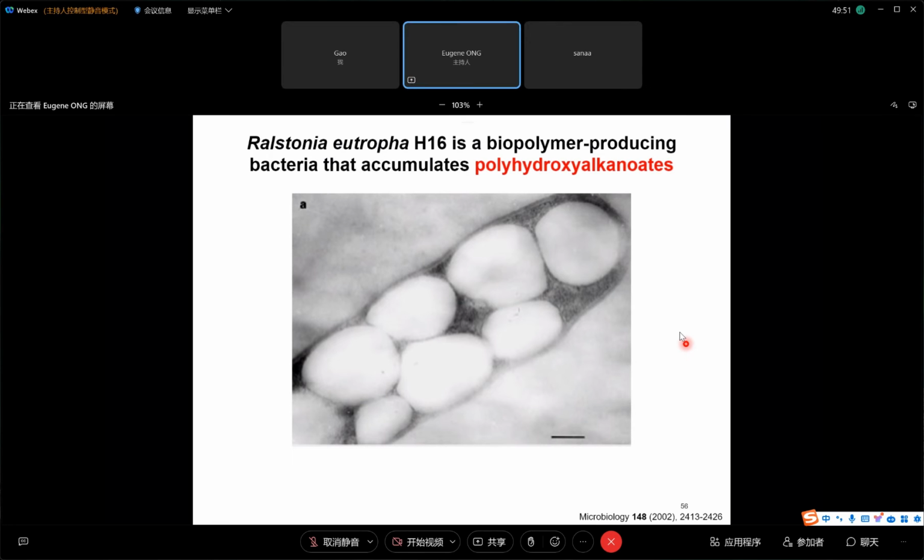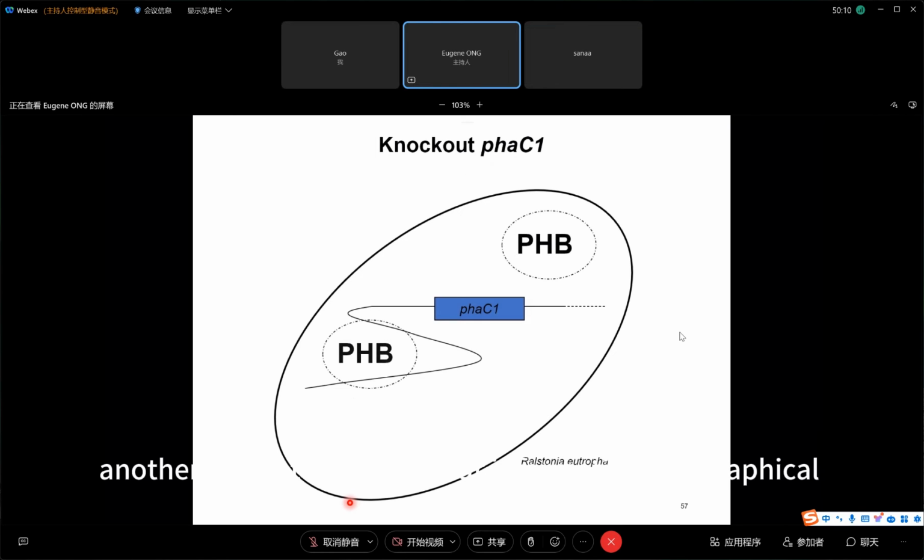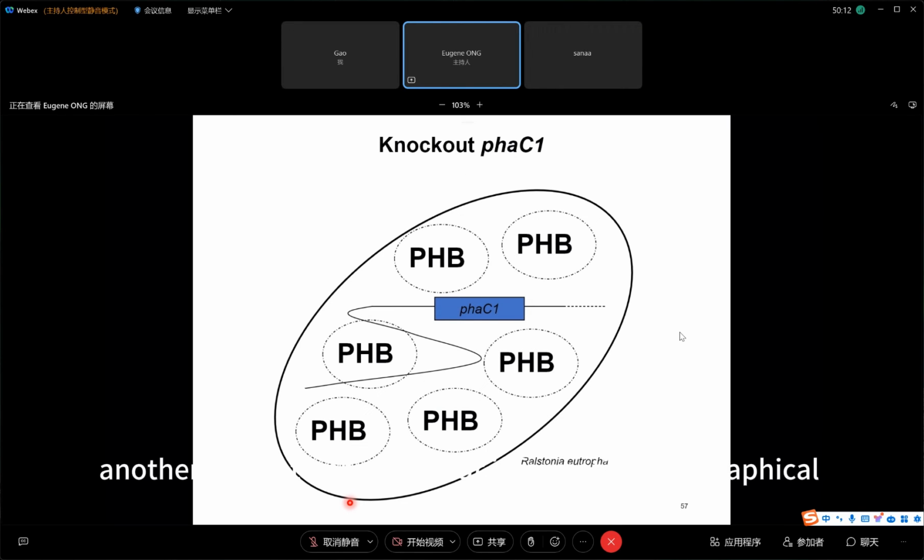So you want to highlight, of course, this, right? And maybe you want to show that inside this bacteria, it can accumulate this red thing, polyhydroxyalkanoates. What would be better is maybe if you add a red arrow here, then that will be clearer as well. Another way is to present your information in a graphical way instead of an introduction with bullet points.